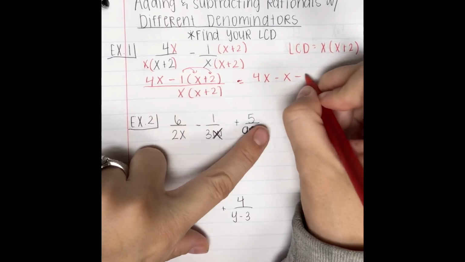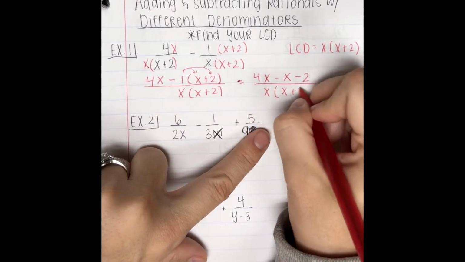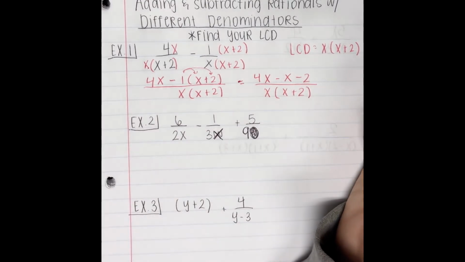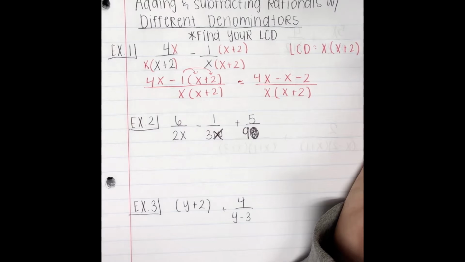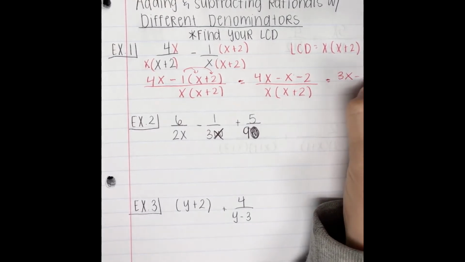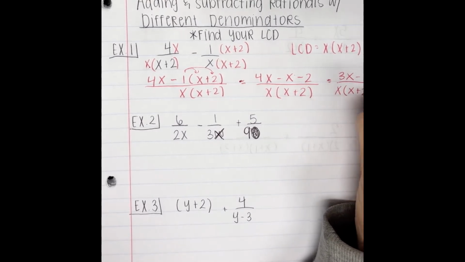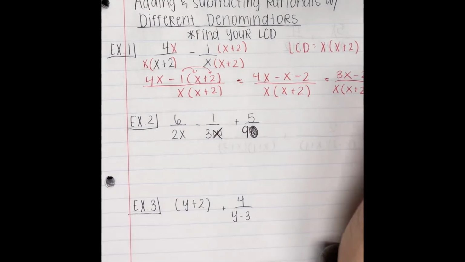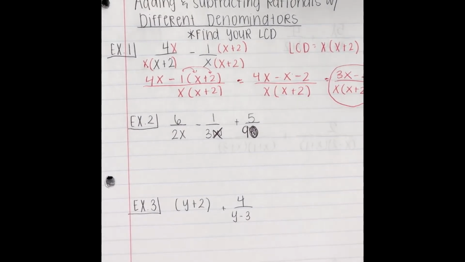And then a minus 2 divided by x times x plus 2. Okay, now I need to do 4x minus 1x, which would give me 3x minus 2 over x times x plus 2. Okay, good?